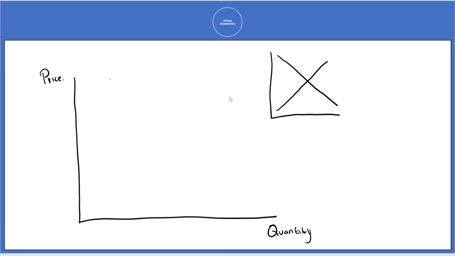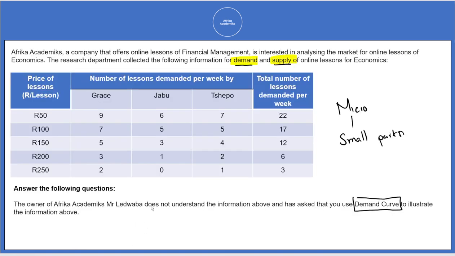The law of demand and supply is very straightforward. It will be proven by these results here: when things become more expensive, people want less and less of those things.